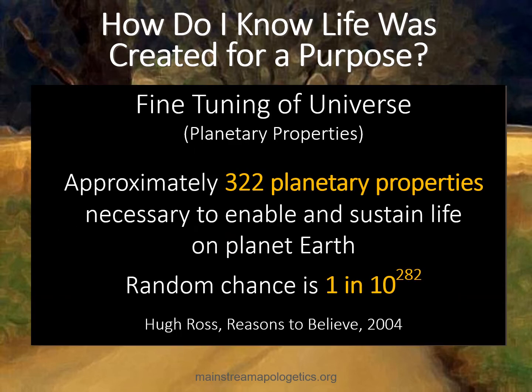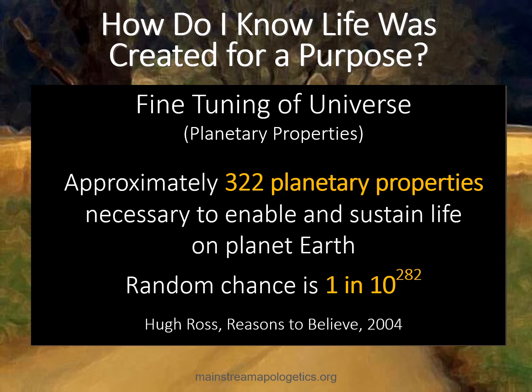In addition to the cosmological constants of the universe, there are what's referred to as planetary properties that enable carbon-based life on planet Earth. They are thought of as life support constants. In 2004, Hugh Ross, from Reasons to Believe, enumerated some 322 planetary properties necessary to enable and sustain life.